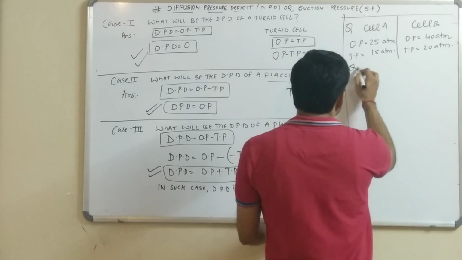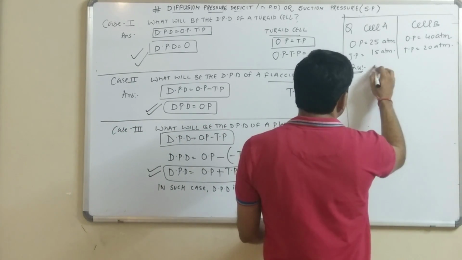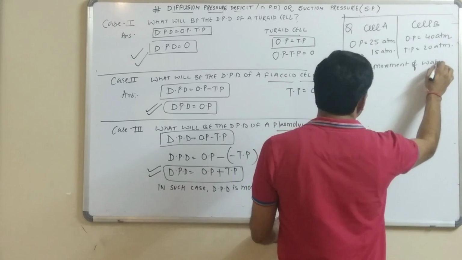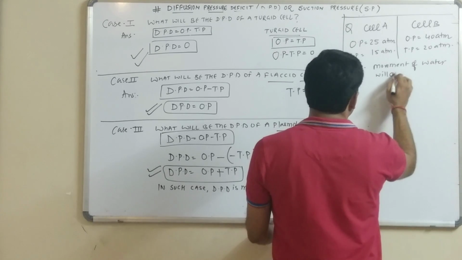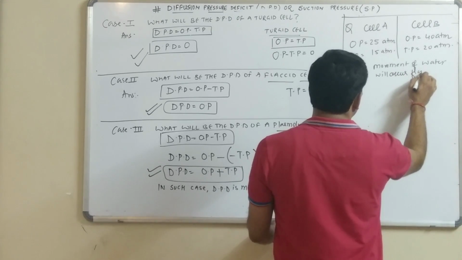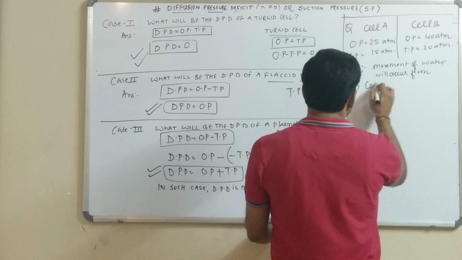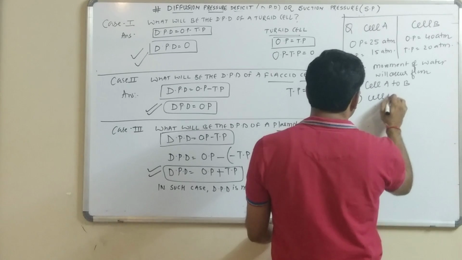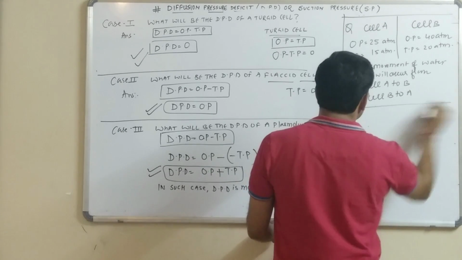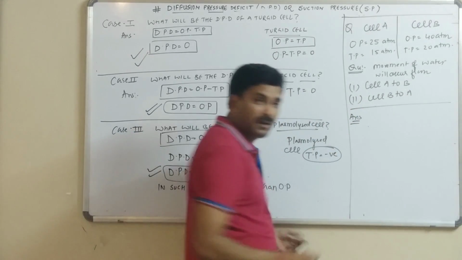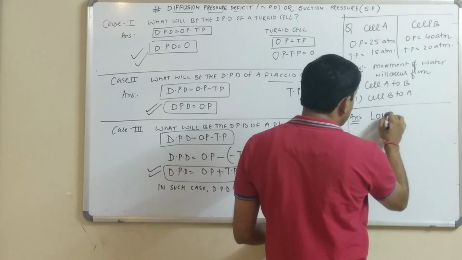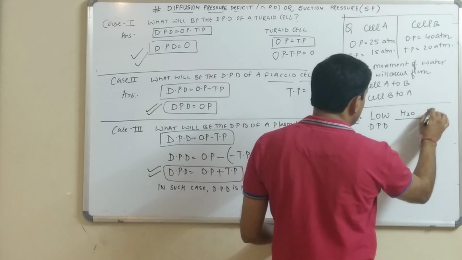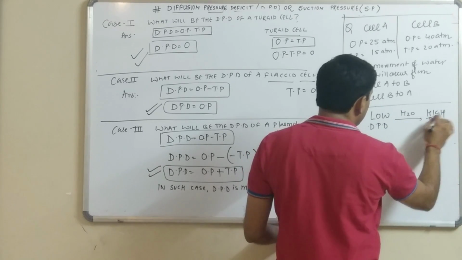Now the question is that the movement of water will occur from number one, cell A to B, or number two, cell B to A. To solve this question, always remember there is a rule that water moves from low DPD to high DPD.